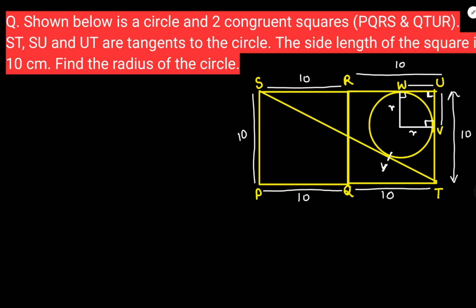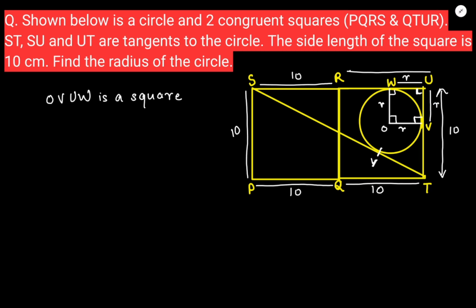If three angles are 90, then the fourth angle will also be 90, which implies that, calling this point O, UW is a square. If this is a square, all the sides will be of equal length, so this is r and this is also r.